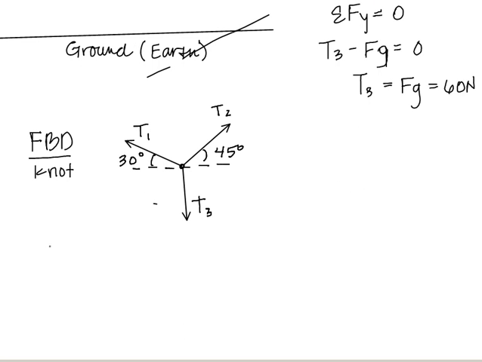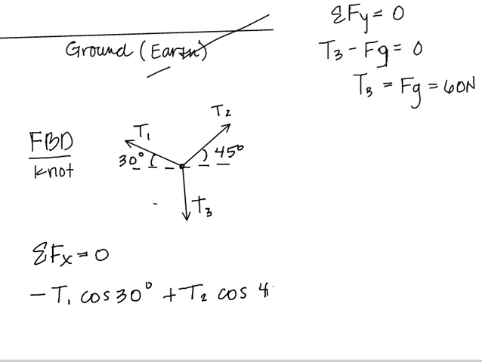So now, because it's in equilibrium, the sum of the forces in the x direction equals 0. T1 has a component in the x direction of T1 cos 30. T2 has an x component of T2 cos 45. That equals 0.